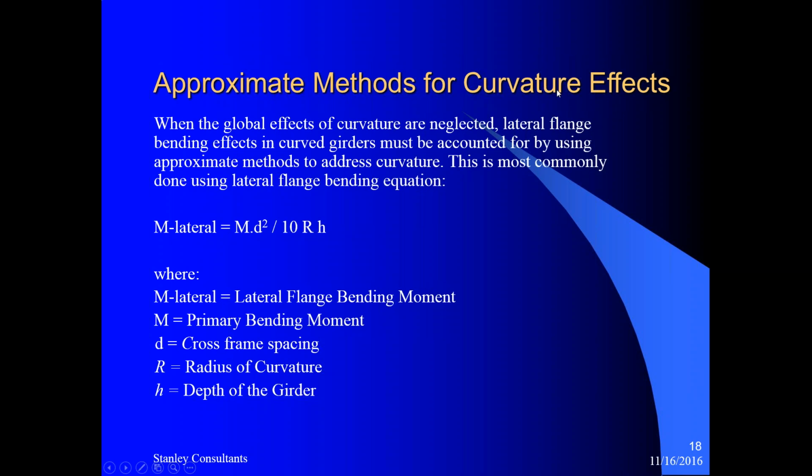A simple equation which is commonly used is this equation here, M D squared divided by 10 R H. Here the M is the lateral flange bending moment, M is the primary bending moment, and D is the cross frame spacing, R the radius of curvature, and H the depth of the girder.